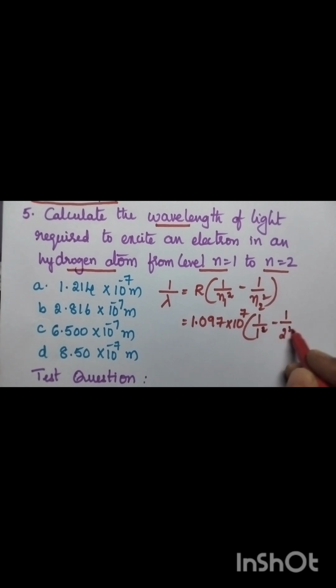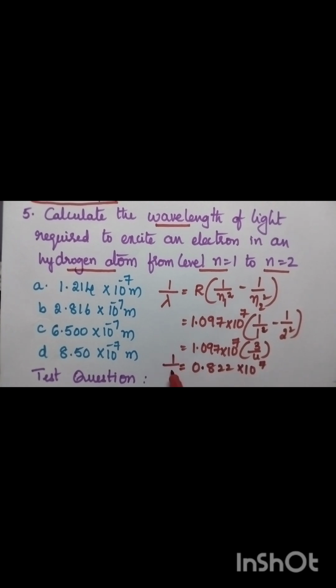2 square. So that is equal to 1.097 into 10 power 7 into 1 minus 1 by 4, that means 3 by 4. On calculating it is equal to 0.822 into 10 power 7. It is the value of 1 by lambda and we are supposed to calculate lambda value.